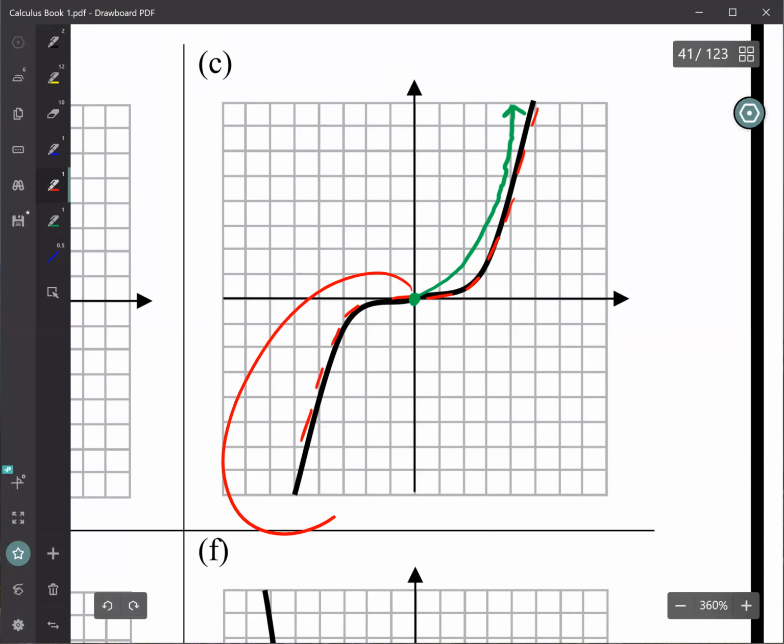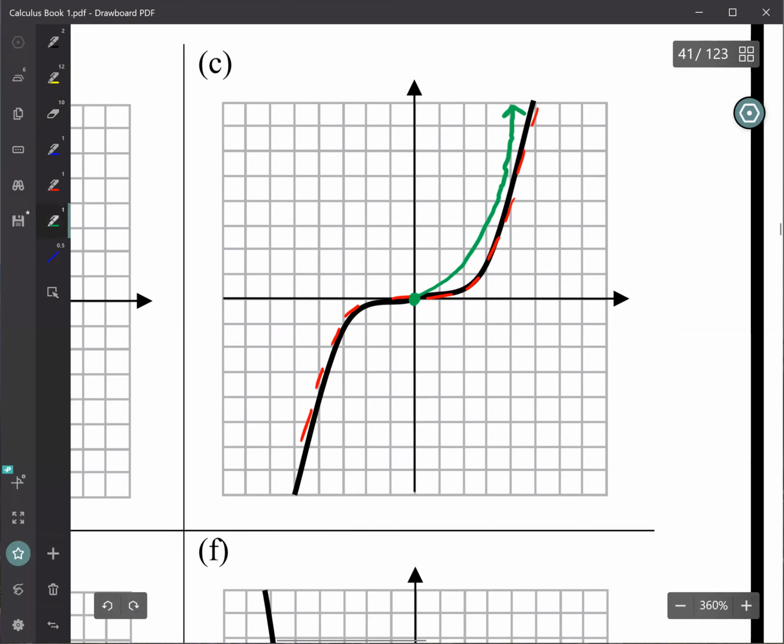Positive. All those are positive still. Even though the graph is underneath, we are thinking about the value of the slope. So don't get confused by where the graph is. You have to think about the value of the slope because it's still going in the positive direction. So we still have to go up.